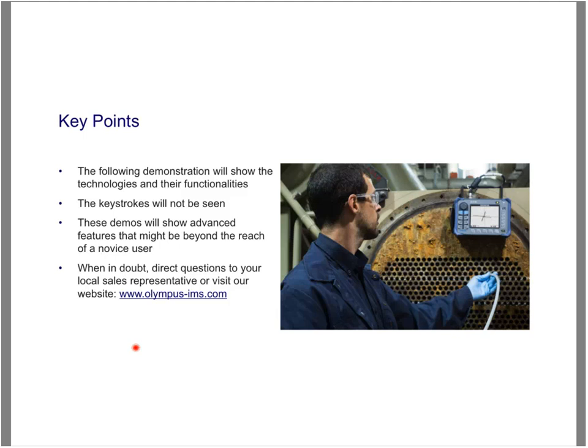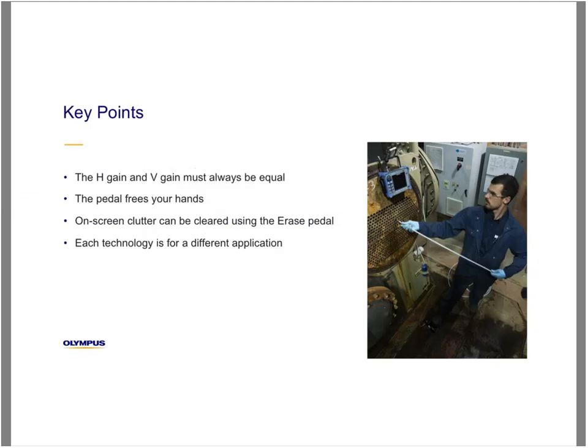The whole purpose of this demo is just to show you how crisp and clean the signals are. Also, other key points: the H gain and V gain, so horizontal gain and vertical gain, must always be equal. I will be using the pedals to free up my hands, so you'll maybe be hearing a ticking sound. That's my foot pressing on the pedal. The reason we have the pedals is to keep your hands free for the inspection at hand.